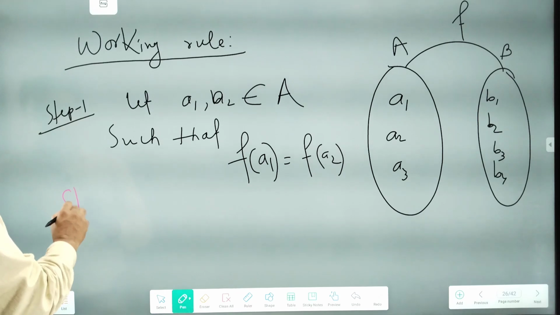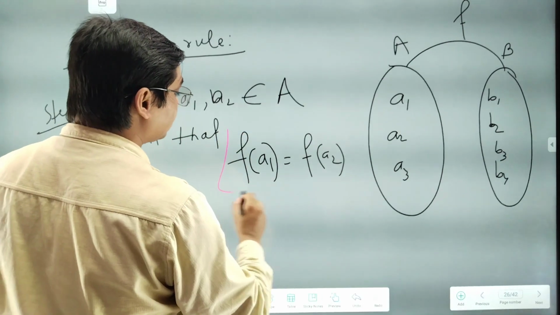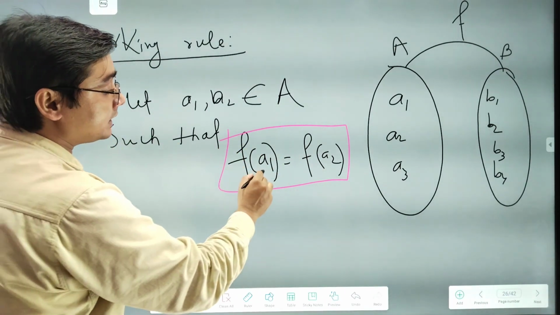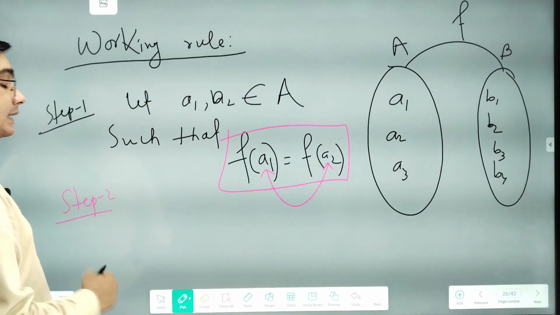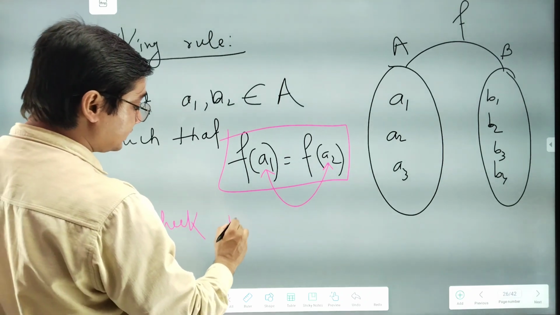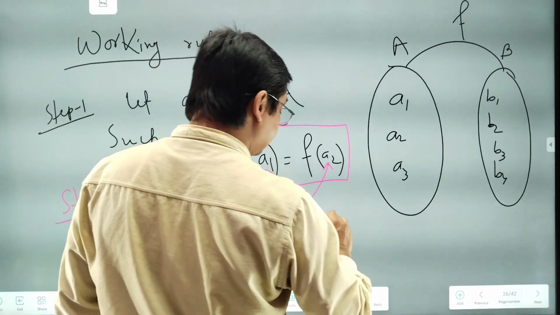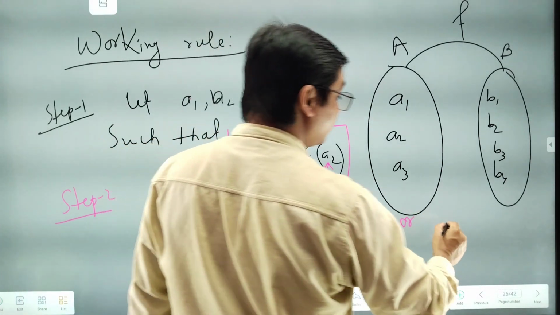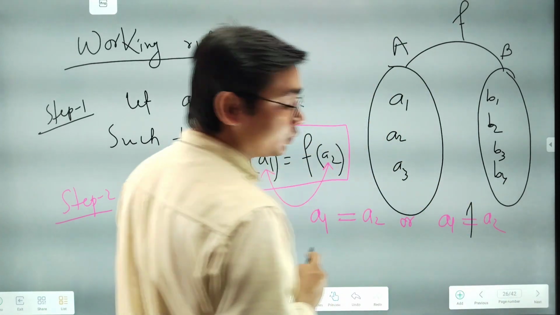Then in step 2, from this you need to verify whether a1 is equal to a2 or not. So in the second step we check whether a1 is equal to a2 or a1 is not equal to a2.